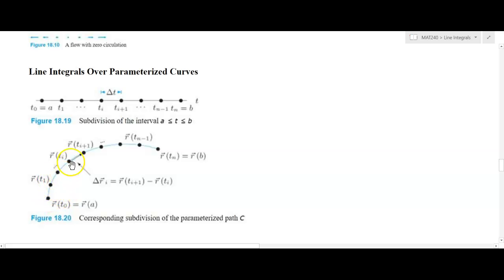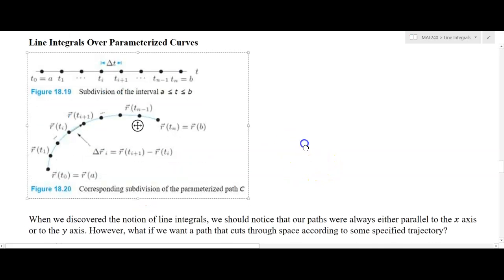And then again, break up this curve into a series of intervals by equally spaced dots, in the sense that the same amount of time has passed to get from one dot to the next. And so you can see that the delta R_i vector is the same thing. It's the difference between where you are here minus where you are here, and that will give us the displacement vector.